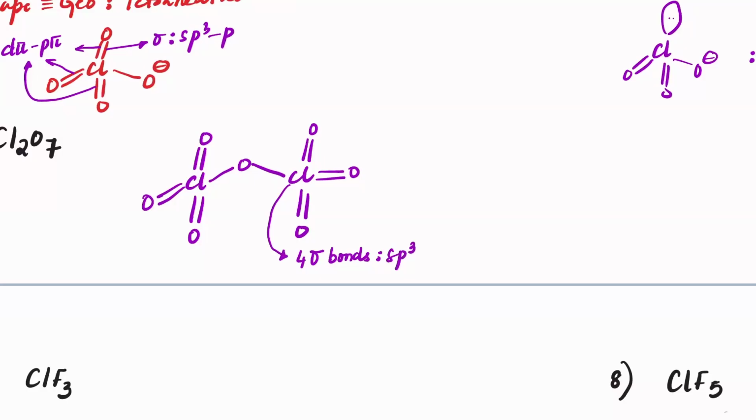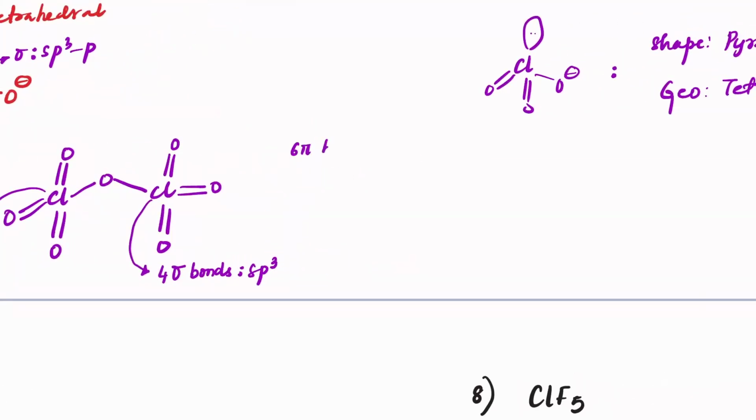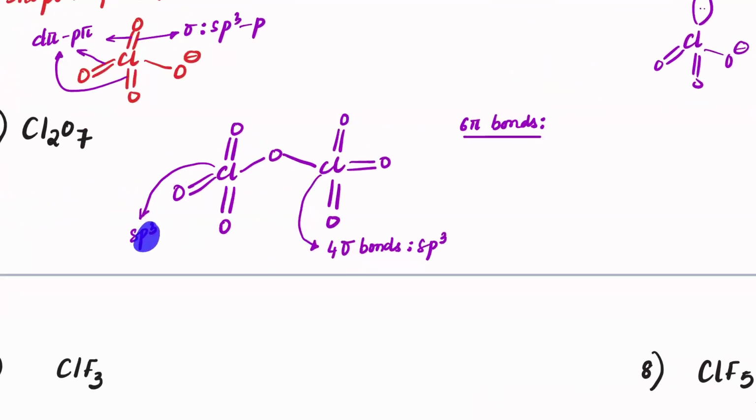Okay. Similarly, this chlorine will also be sp3 hybridization, 4 sigma bonds. And how many pi bonds do we have? There is one pi bond here, and so on, 6 pi bonds in total. Now, can I say that all of the p orbitals here are saturated, and here also the p orbitals are saturated?